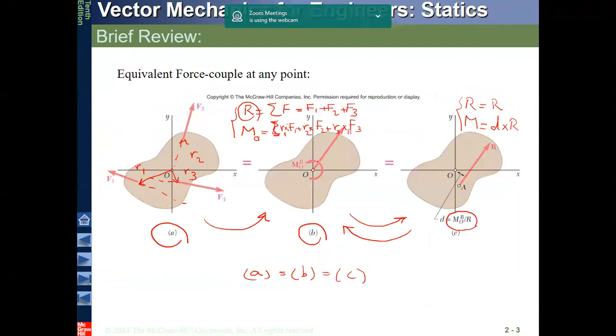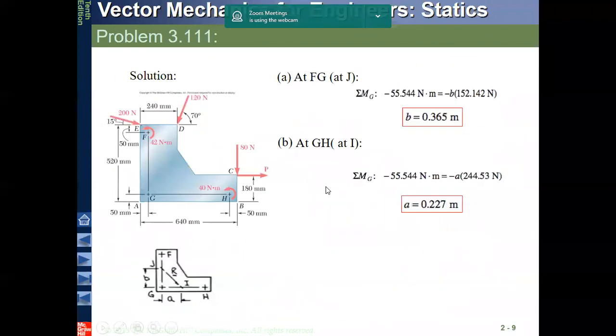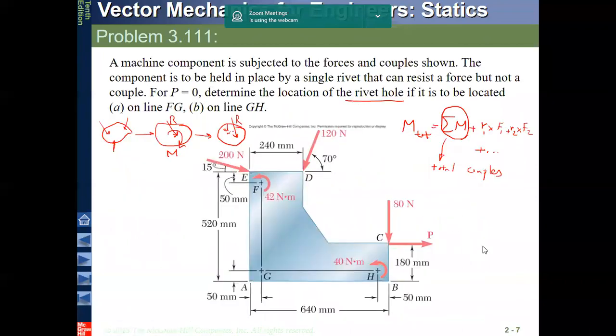So we want to derive two equivalent systems for this problem. We know that in the third step, the point that this resultant force acts on is the rivet hole, and that would lie either on line FG or on line GH.